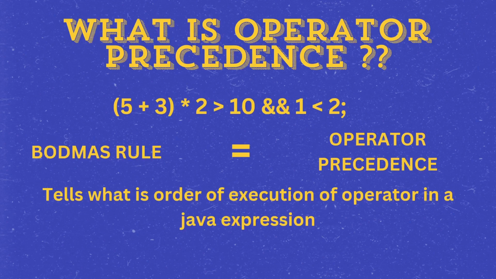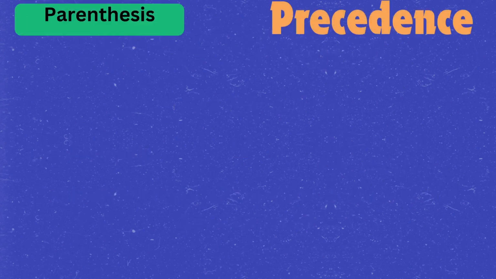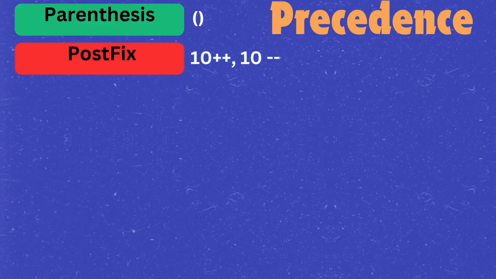So let's check what is the precedence of operators. We have multiple operators, so which operator should get executed first? The first operator that should get executed is parenthesis. It has the highest precedence. The second highest precedence is postfix.